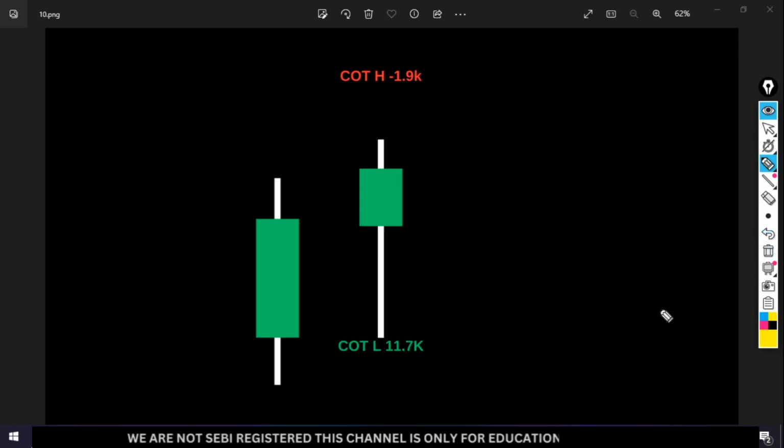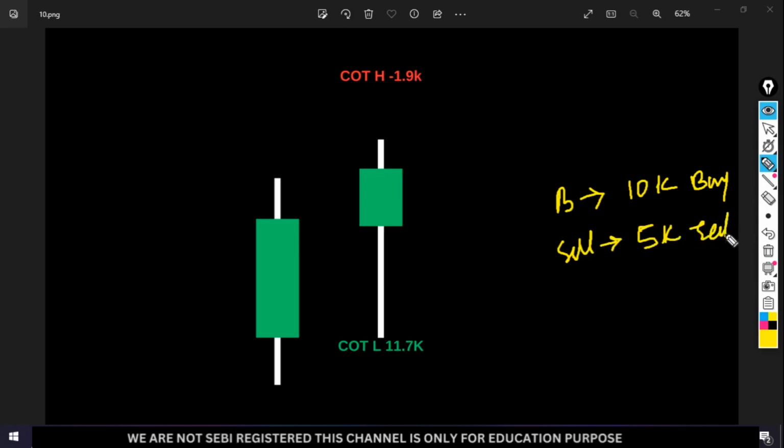So at the end of this video, what you need to understand is that the COT gives you some numbers, and it tells you who has control of this candle. It doesn't mean that the buyers have executed around 10,000 quantities of buy orders and the sellers have executed only 5,000 quantities of sell orders.